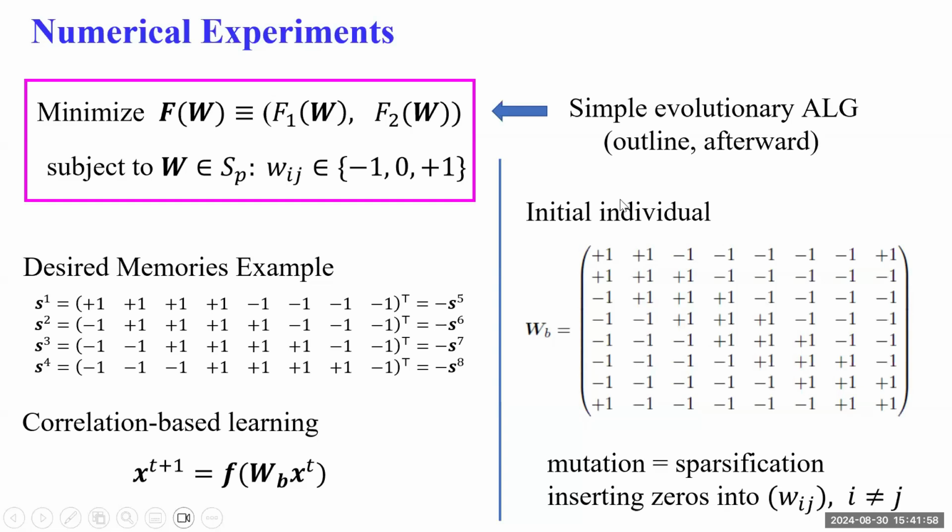Then applying a simple evolutionary algorithm, whose outline is explained afterward, we obtain the Pareto front. In the algorithm, the specification used as mutation is inserting zero elements into the cross-connection parameters.